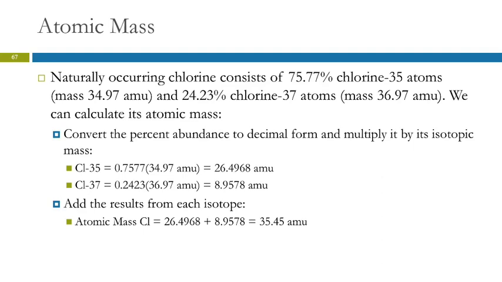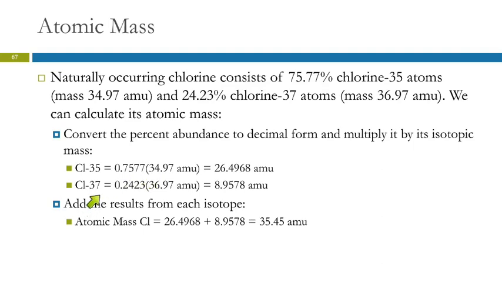So we take the percentage and we turn it into a decimal form, dividing by 100. So 75.77% becomes 0.7577. And you multiply that by the mass of that particle.